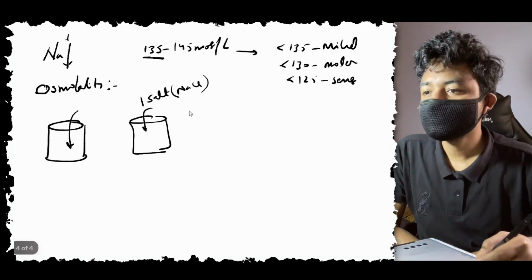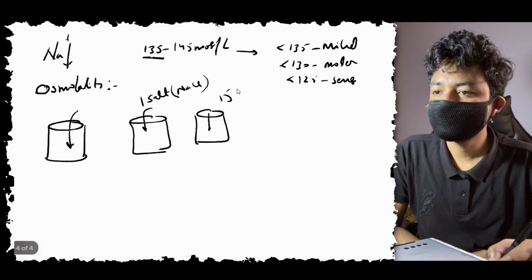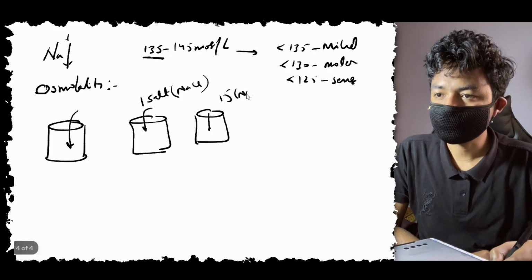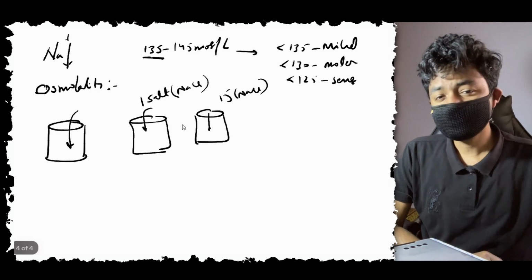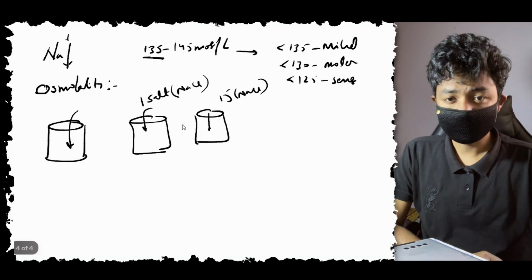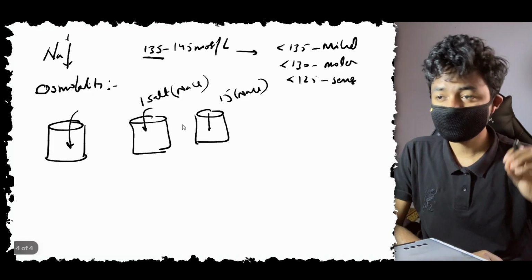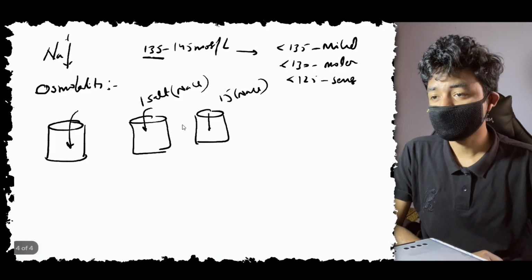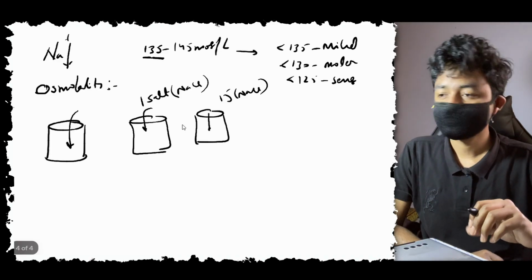Now let's take another case where I'll take one more glass of water and put 15 spoons of sodium chloride. Now we have three scenarios. The first glass is just pure water. The second glass is pure water plus one spoon of salt. In the third one we have 15 spoons of salt.